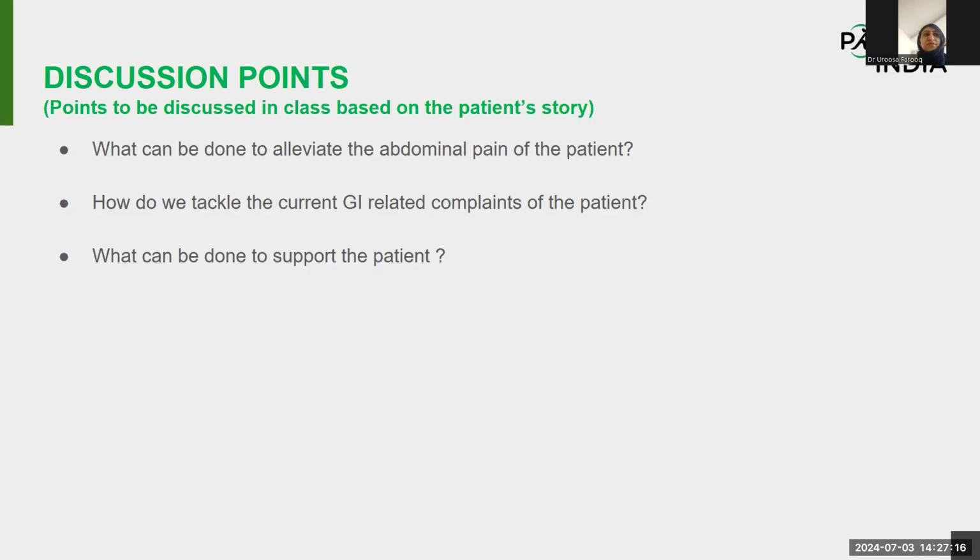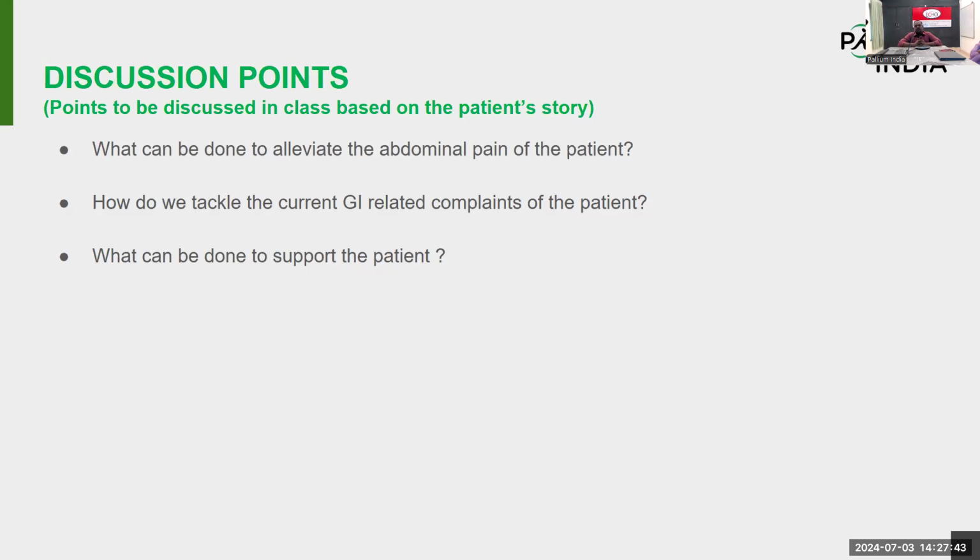So lactulose. Okay. The preferred thing is you have to do a rectal examination and give high enema. I'm not sure whether you know what a high enema is.